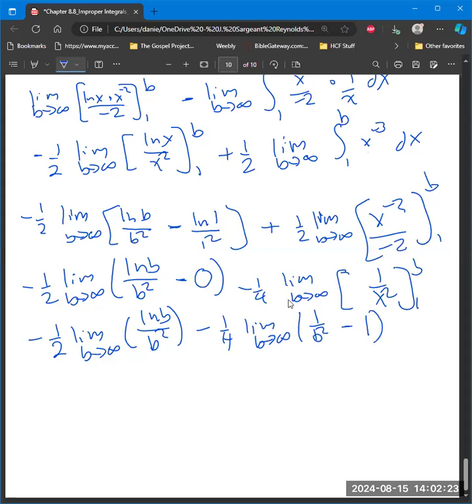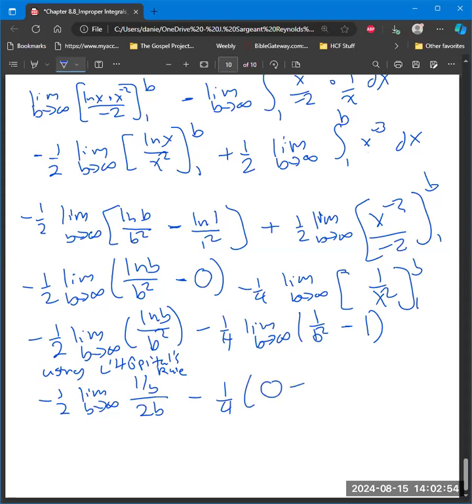All right, so -1/2 limit as b goes to infinity. Derivative of the top is 1 over b. Derivative of the bottom is 2b minus 1/4. That's by L'Hopital's rule. Okay. Then this is going to be 0 minus 1 here.